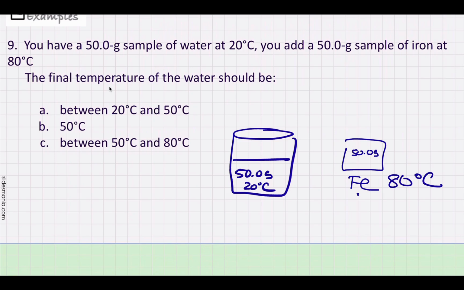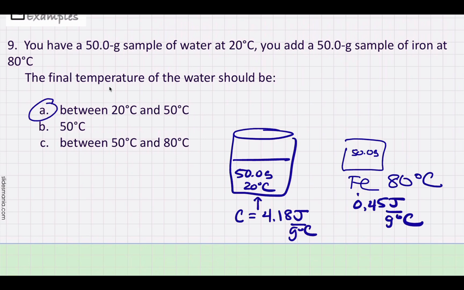So the metal is going to heat the water up, but the water has a specific heat of 4.18, and the iron is 0.45 joules per gram degree Celsius. So the water is going to heat up, but not as much as you would think. So you'd want to pick A because it has a higher specific heat capacity.